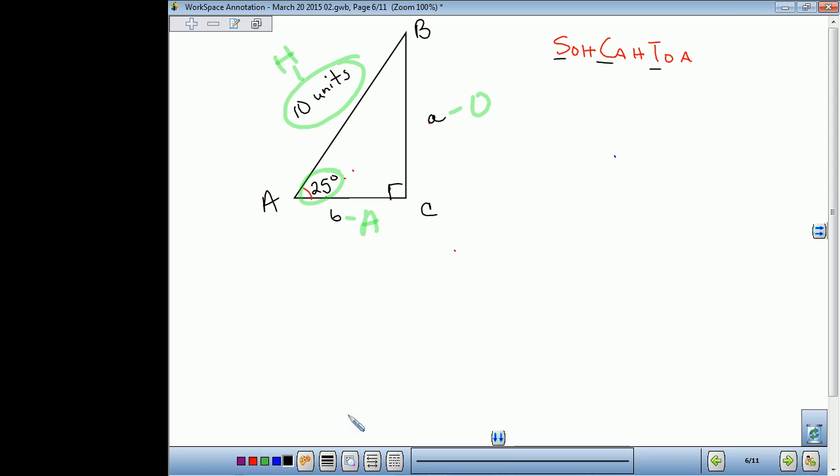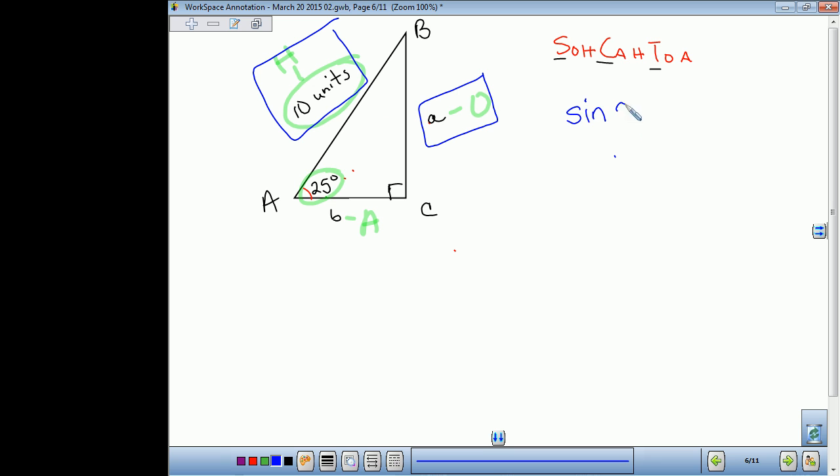So if I looked at what they gave me and what I want, they gave me the 25-degree angle. This is opposite, so I'm going to do this one in blue. But they also gave me the hypotenuse. Which trig ratio is a ratio of opposite and hypotenuse? That is sine.